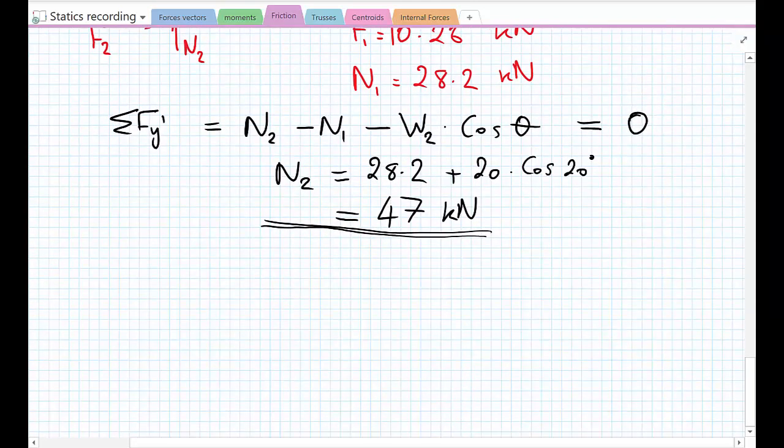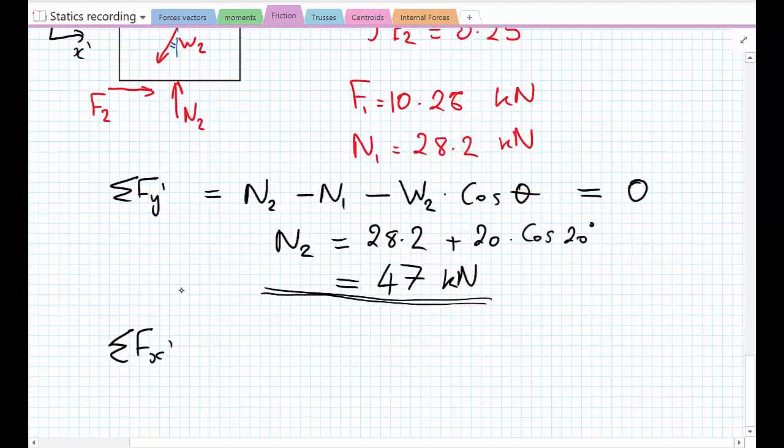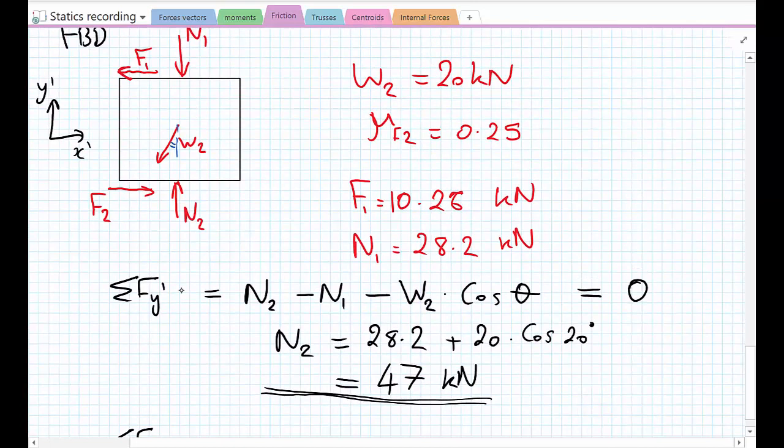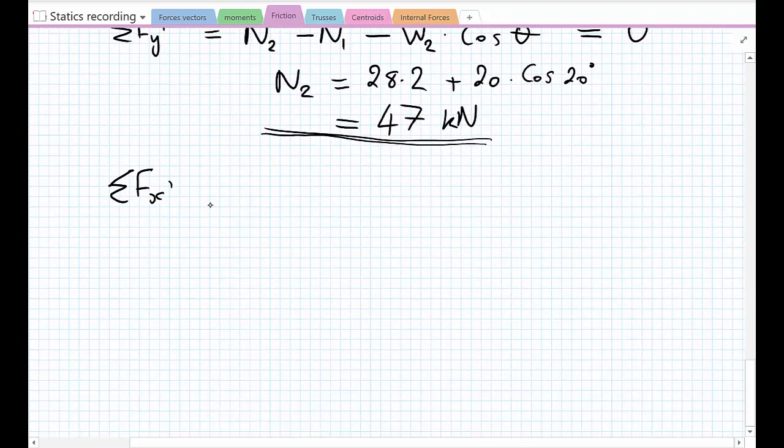Okay, now we'll have a look at the sum of the forces in the x dash direction. So let's remind ourselves of the free body diagram. We have F2 as the only force moving in the positive x dash direction, and we have F1 in the negative x dash direction and a component of W2 in the negative x dash direction as well.